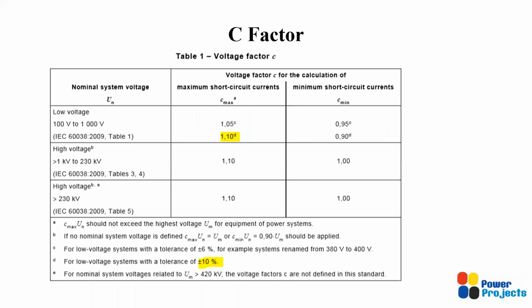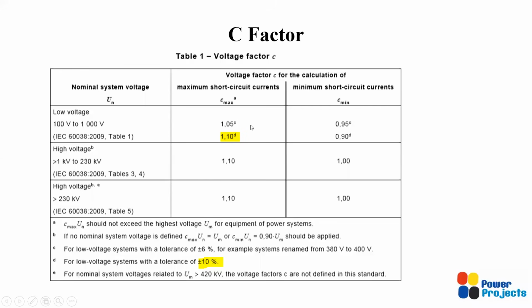Generally, those who are performing power system studies may tend to use a 1.1 C factor for more than 1 kV and 1.05 for low voltage systems. But please make a note, the C factor is based on what voltage tolerance is allowed.